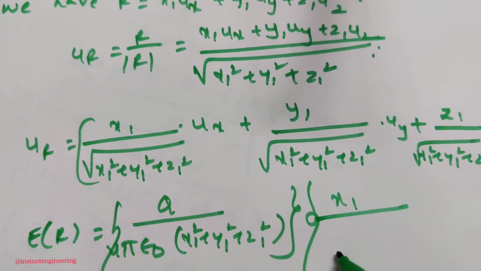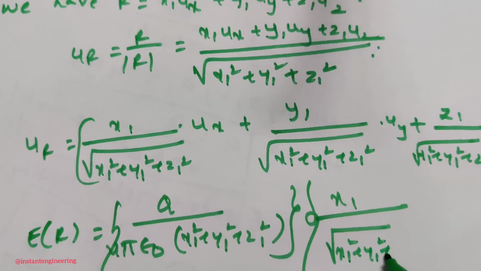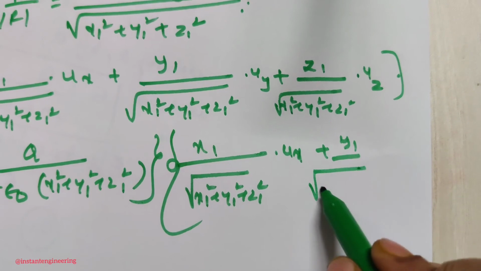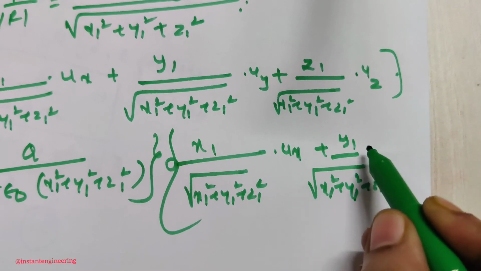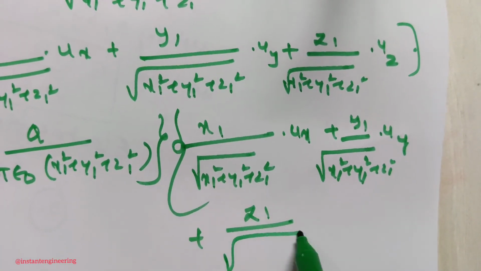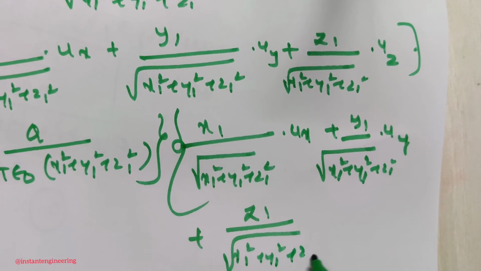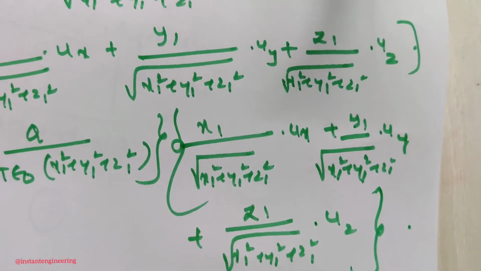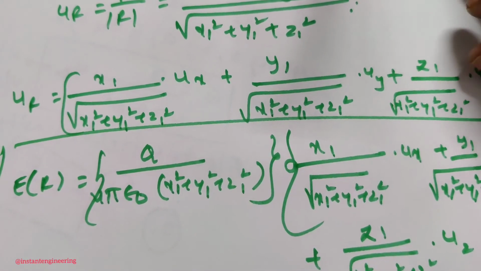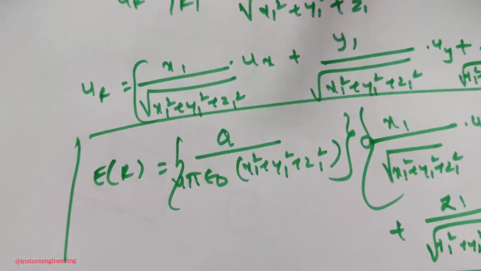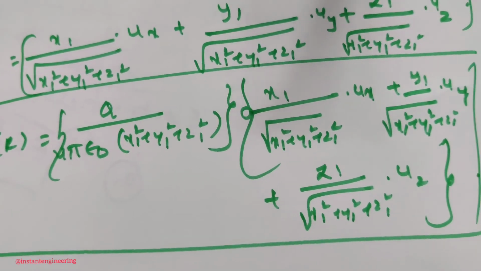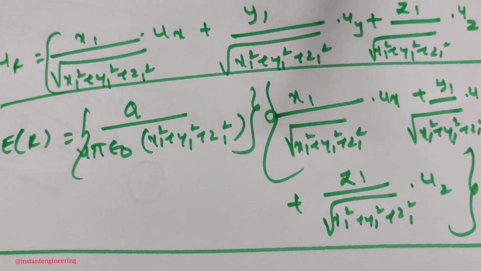I'm writing one more time: x1 divided by root of x1 square plus y1 square plus z1 square into ux, plus y1 divided by root of x1 square plus y1 square plus z1 square into uy, plus z1 divided by root of x1 square plus y1 square plus z1 square into uz. So this is the complete E value with the unit vector in expanded form. This is how you derive the electric field intensity from the origin to some point P. This is the complete derivation.